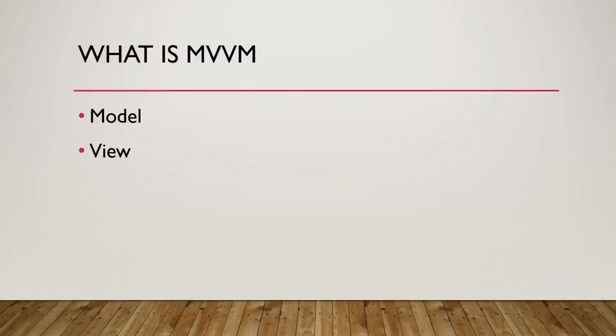What MVVM does is it separates them out. So the view will be just your UI, like your XAML file, your markup, and then you've got the view model. View models are your code that makes your UI do stuff effectively.